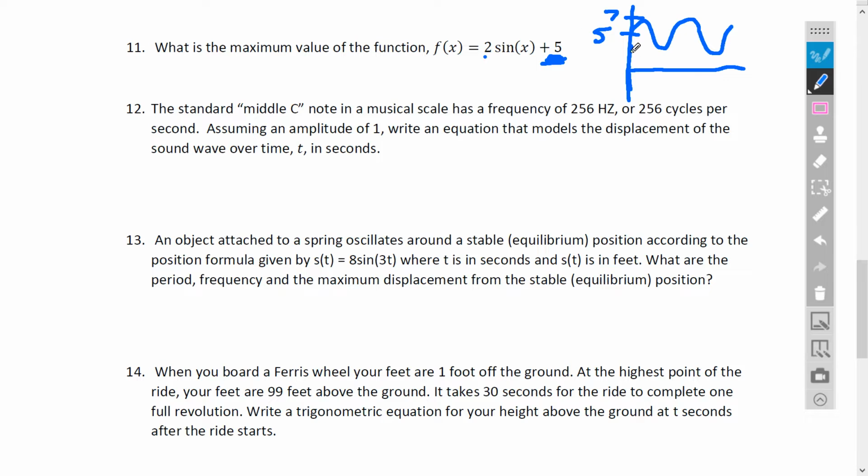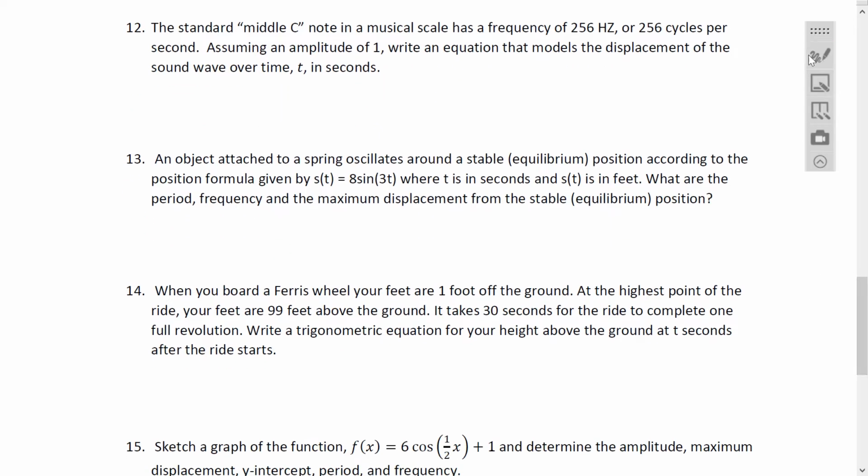So it's going to be going up to 7 and down to 3, back and forth, like this, starting at 5 because it's a sine function. So the maximum is going to be at 7. All right, and it's going to keep oscillating between 3 and 7 around the midline. This will give you what's called the midline, which is where it oscillates.